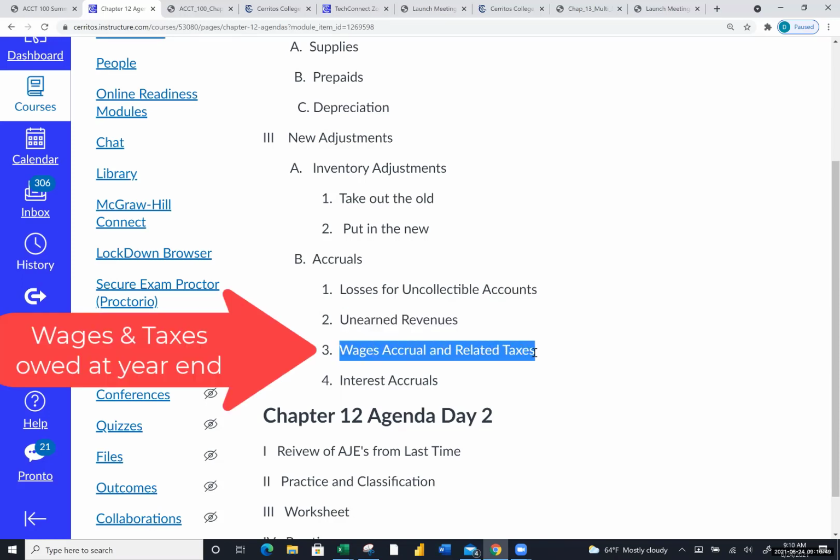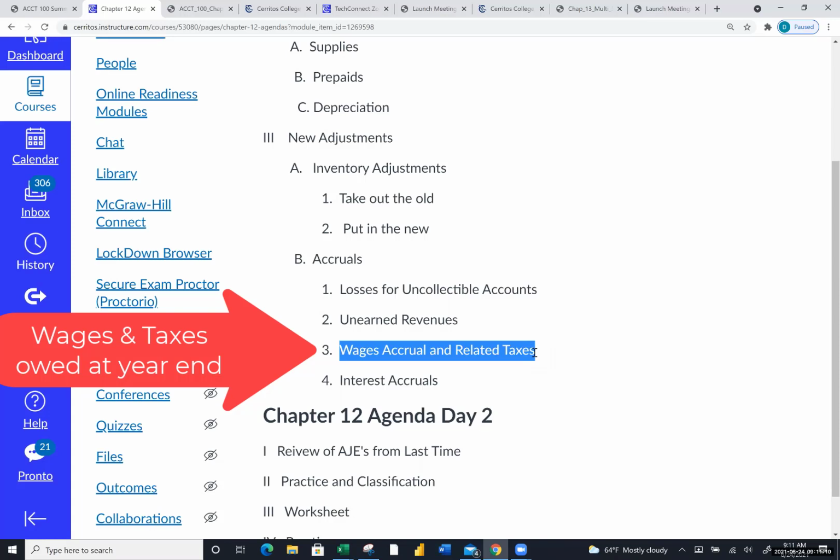We'll talk about the wages accrual and the related taxes, and I mentioned that yesterday too. For every company, there is a fiscal year end, and fiscal is a word that means 12 consecutive months. So not every company has a 12/31 year-end date. In fact, most of them don't.